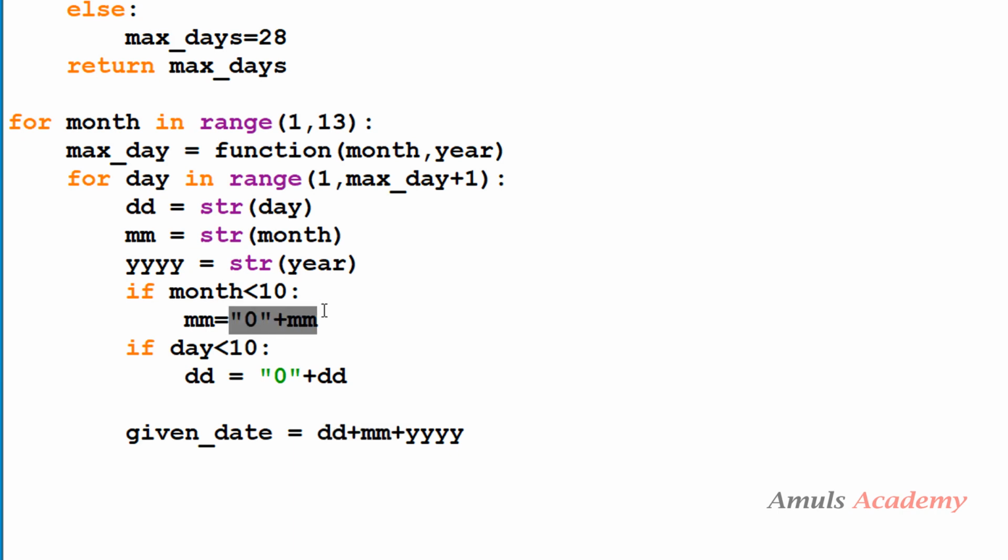That's why here we are concatenating 0 to mm and dd. Here mm is nothing but the month in string format, and dd is nothing but the day in string form.